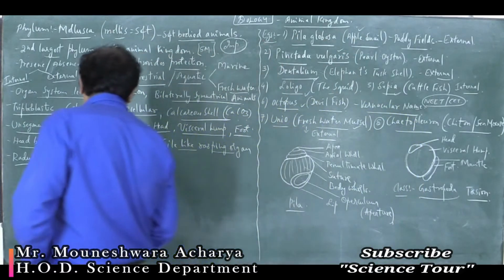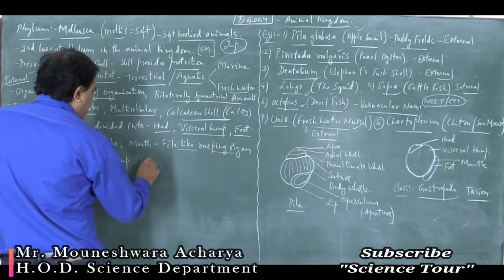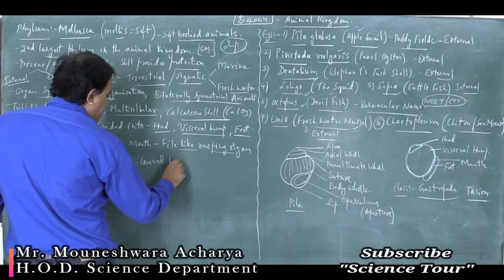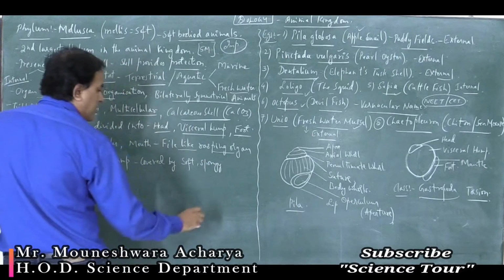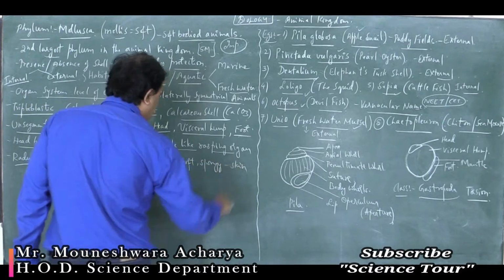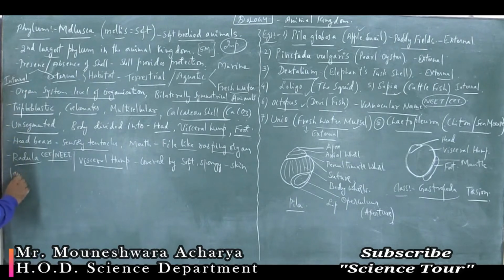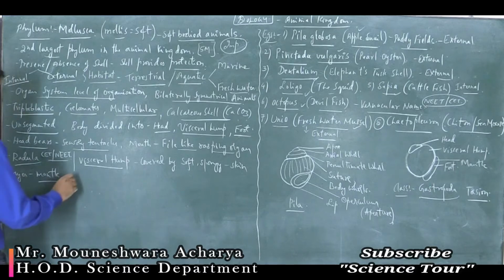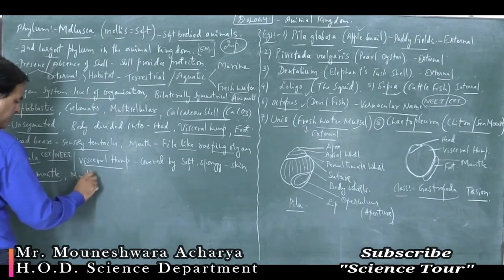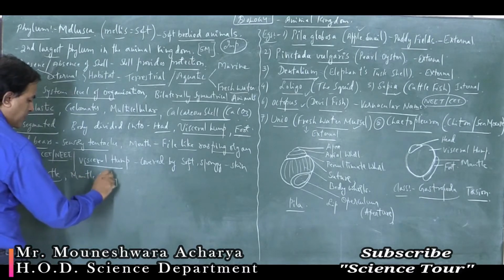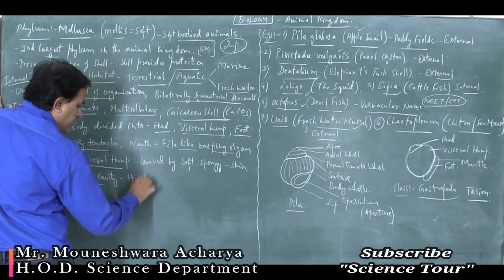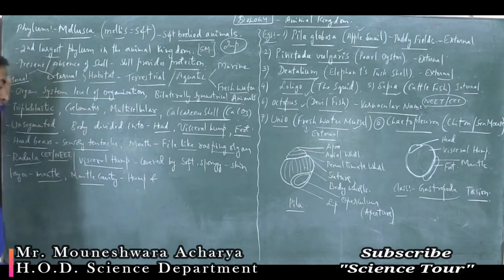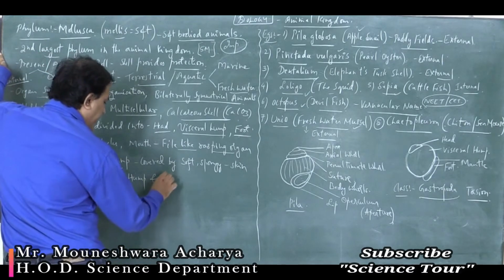So let me write: the visceral hump is covered by a soft, spongy skin layer, and which is called as the mantle. Mantle cavity is a space present in between the visceral hump and the mantle.